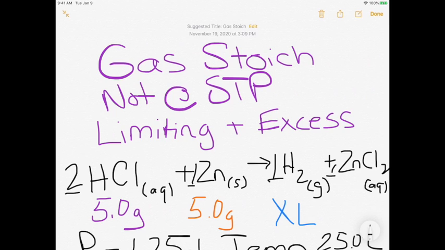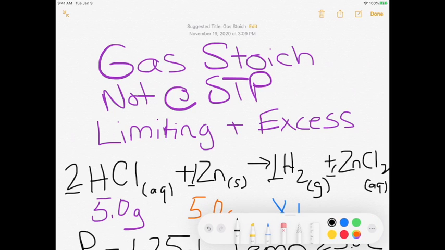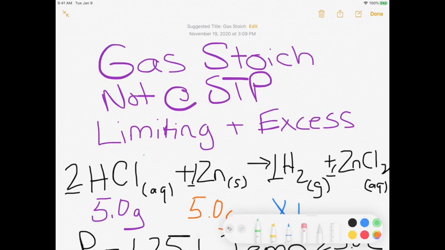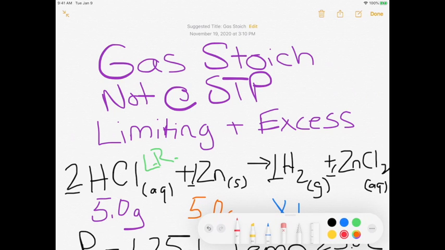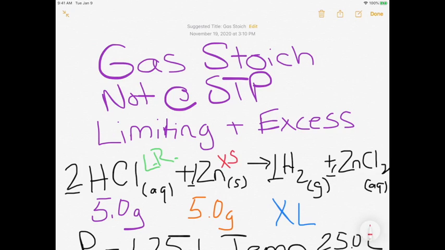Yes. So when we look at this, was hydrochloric acid or zinc our limiting reactant? Yes, go ahead, Robert. Thank you. So our limiting reactant was hydrochloric acid. So we ran out of hydrochloric acid first. And then our excess reactant was the zinc.